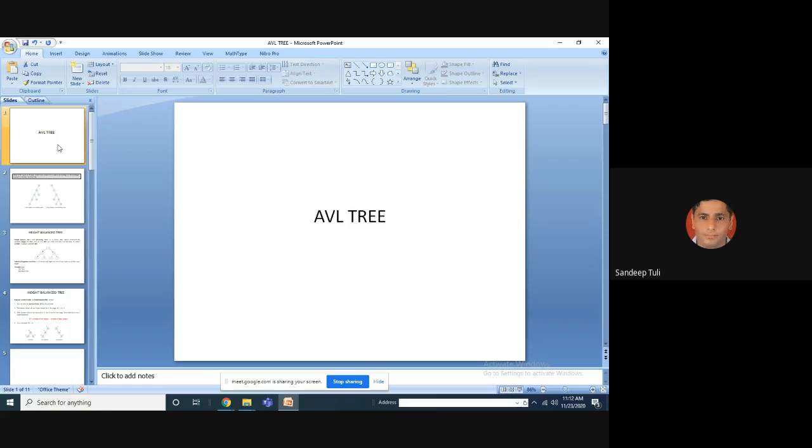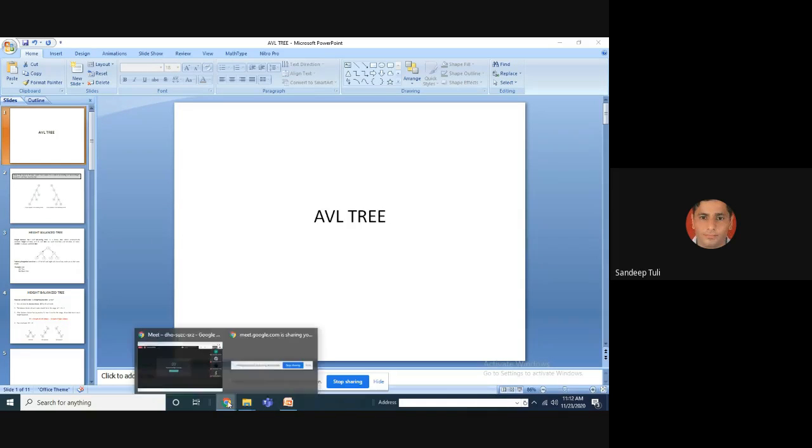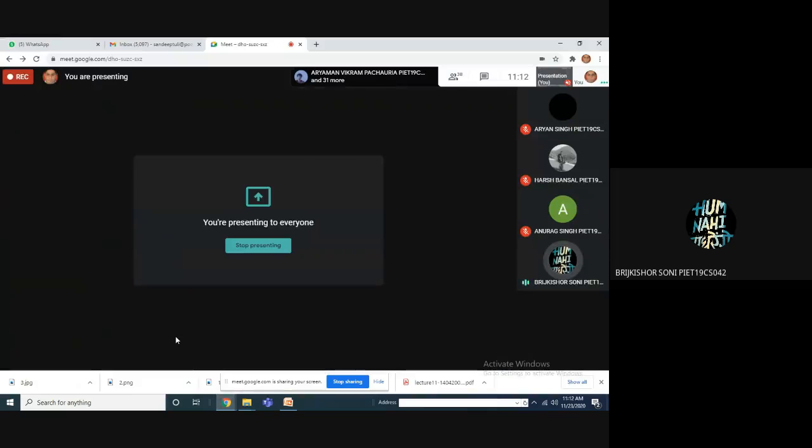On which parameter do the operations of a binary tree depend? The position of the root node.